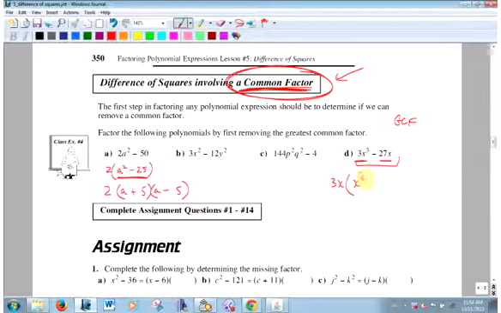X squared. A perfect square. Surprise, surprise. If I take 3x out of 27x, what am I left with? Is that a perfect square? Surprise, surprise. What's the name of this chapter? Difference of squares. That's what I got. Okay, fully factored.